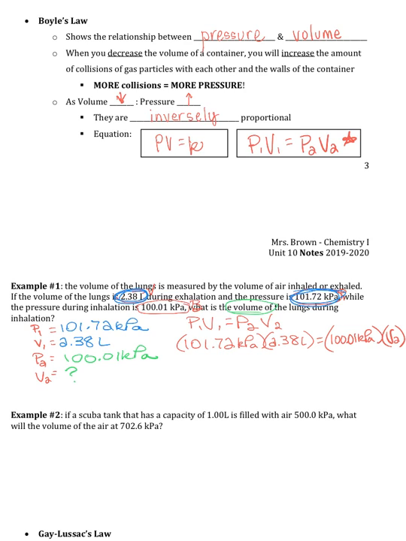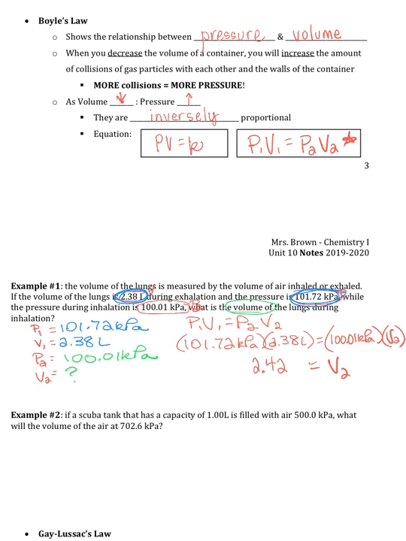Now solving for this, I would take my 101.72 kPa times 2.38 liters, and then I would divide by the 100.01 kPa, and that way I would isolate my V2. I would end up with my answer, which is, I'm going to keep about 3 numbers, about 2.42.